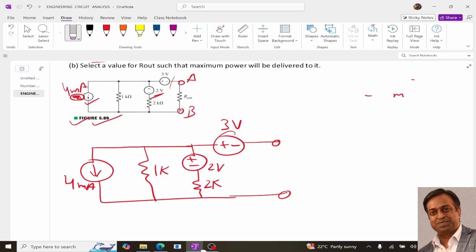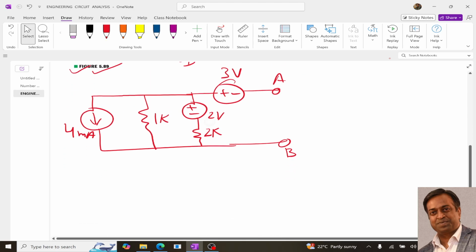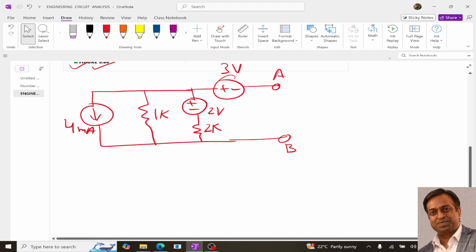Once we remove R out, in this circuit we first need to determine the value of RL, the Thevenin or Norton resistance. To calculate the Thevenin resistance, we need to deactivate the independent sources.